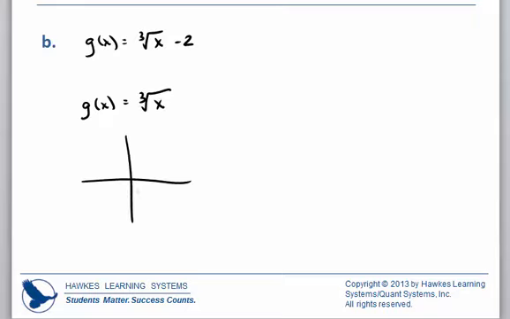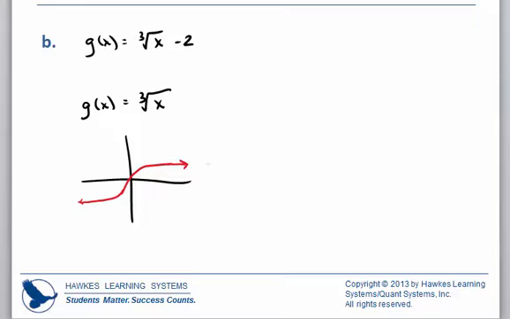What does that graph look like? We know, or we can use our calculator if we don't know, that that graph is going to look something like this.